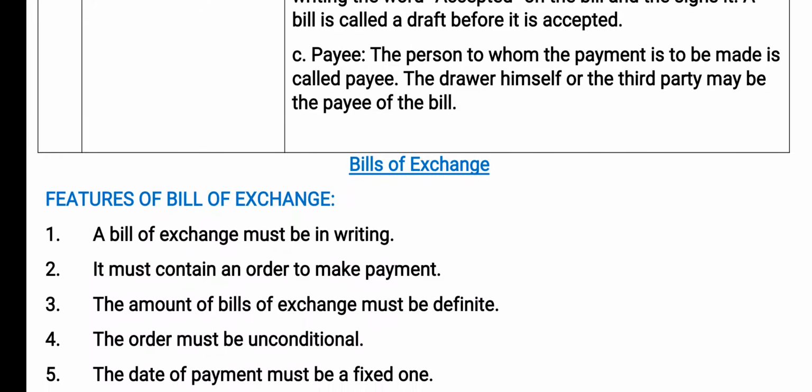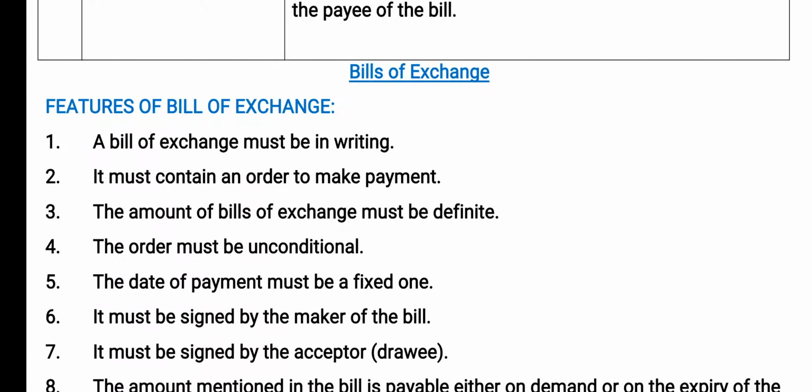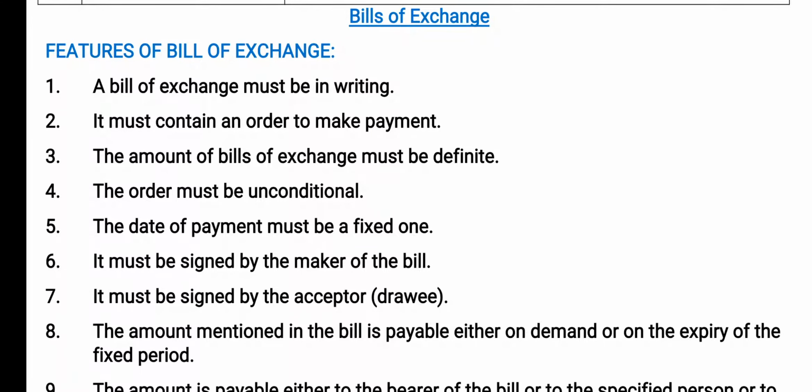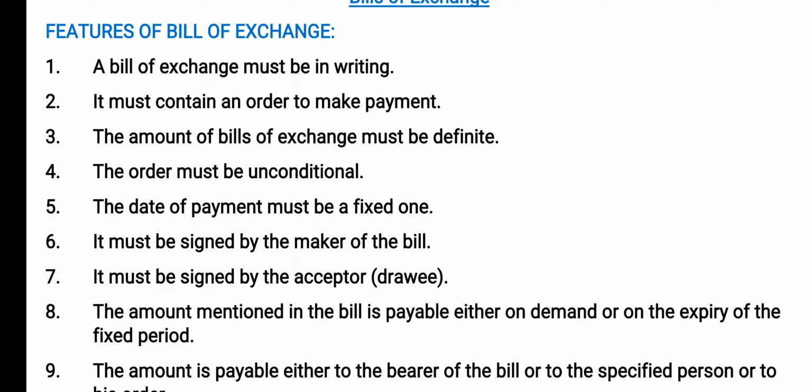Now we will discuss some of the features of a bill of exchange, which will make the meaning of bills of exchange clearer to you. It is as per the definition given to you. So first of all, a bill of exchange must be in writing.